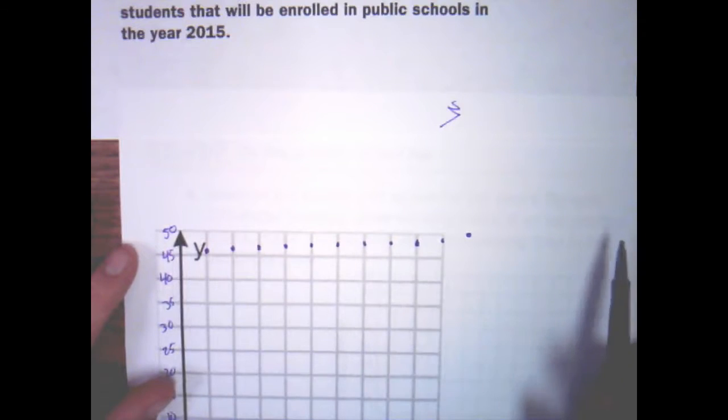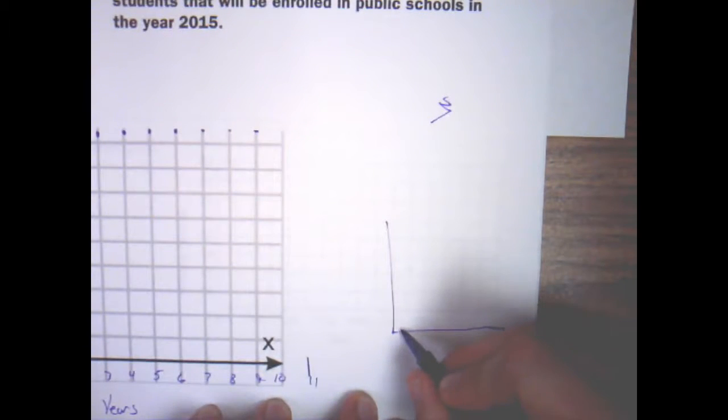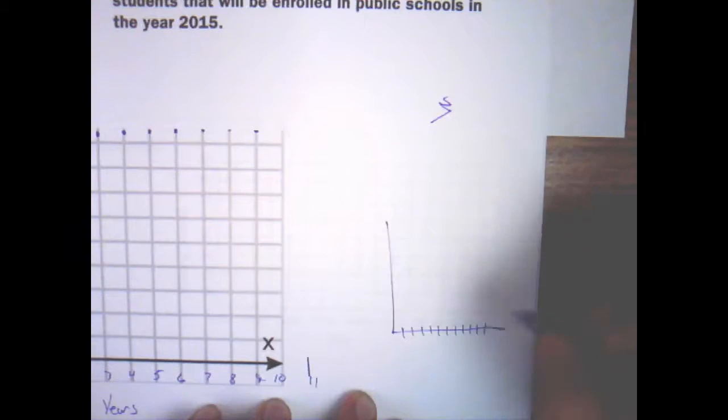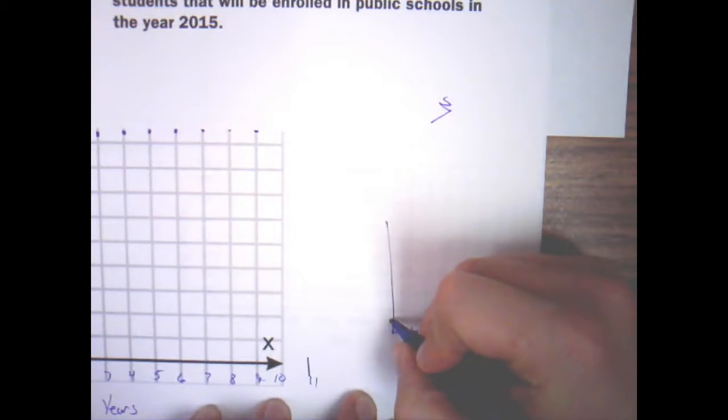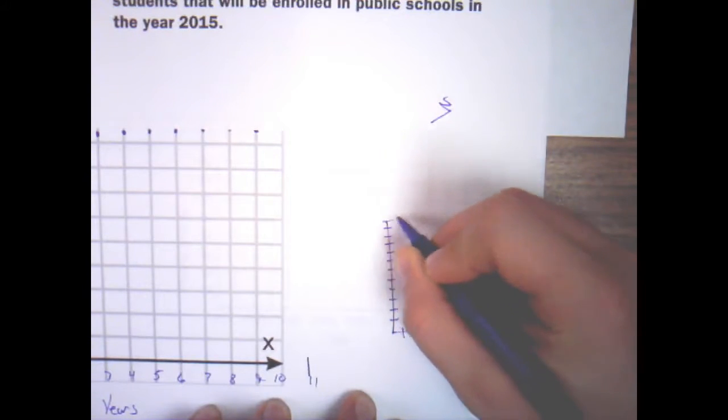Okay, this doesn't look like much change at all. However, if I were to do something like this, where I had 1, 2, 3, 4, 5, 6, 7, 8, 9, 10, 11, and let's go 1, 2, 3, 4.